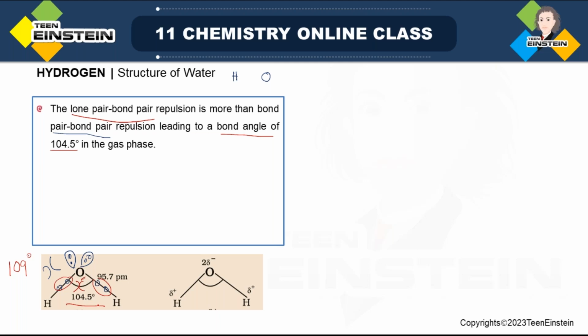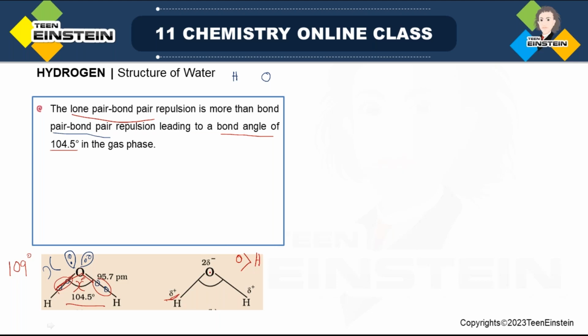So what is the reason behind it? The reason is this lone pair bond pair repulsion that is more compared to bond pair repulsion. As a result, to avoid that repulsion, the angle between the HO and OH bonds is decreasing.